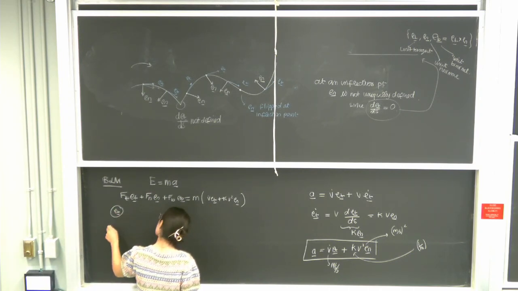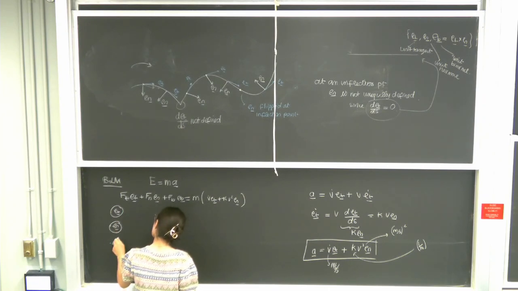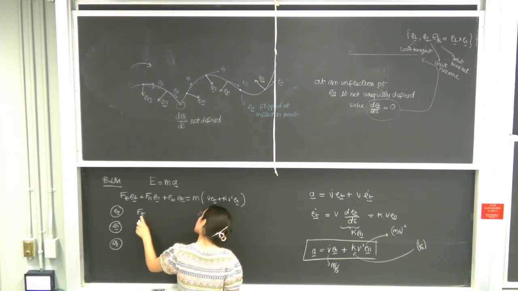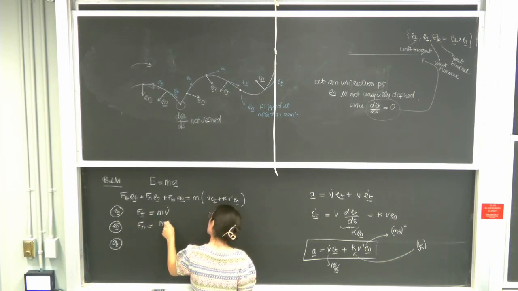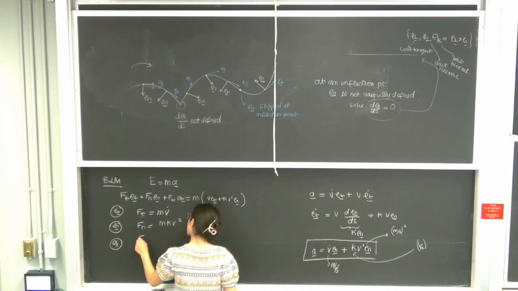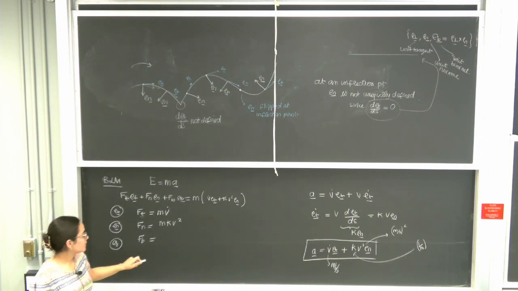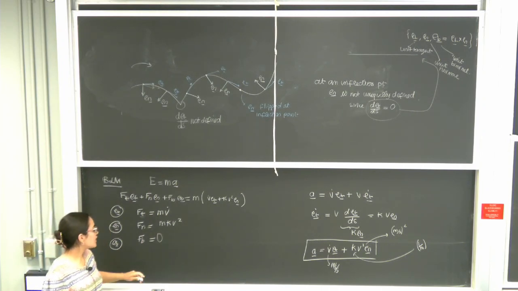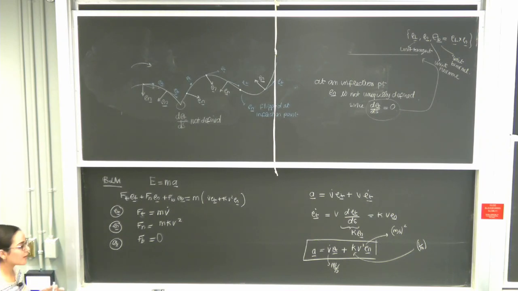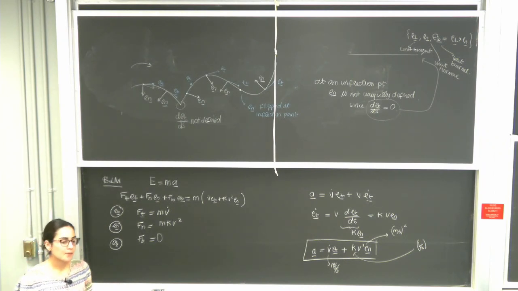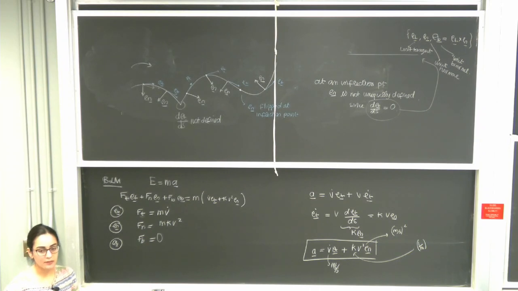But if I project along Et, En, Eb, I'll get that Ft is equal to m v dot, Fn is equal to m kappa v squared, and Fb is equal to what? 0. Notice how all the forces along the Eb direction should sum to 0. Why? That's how the basis is set up. The basis is set up such that the velocity is along Et and the acceleration is along the other vector En. Any questions?